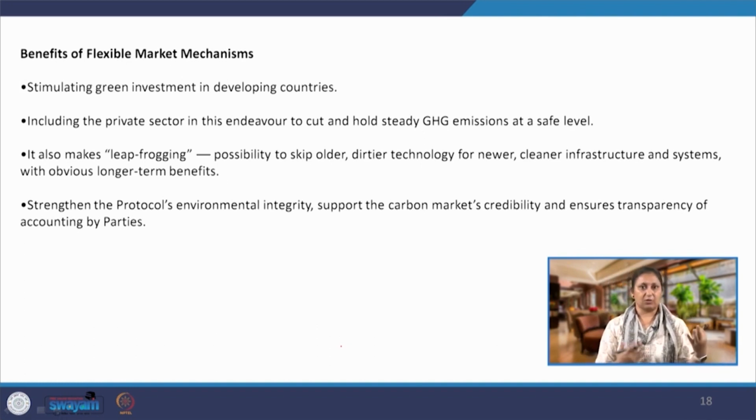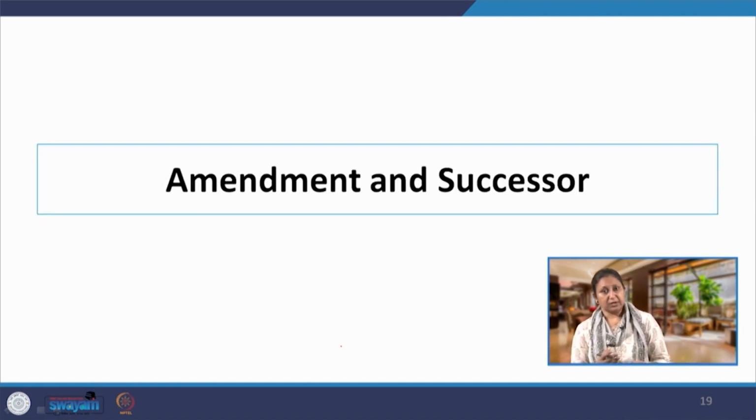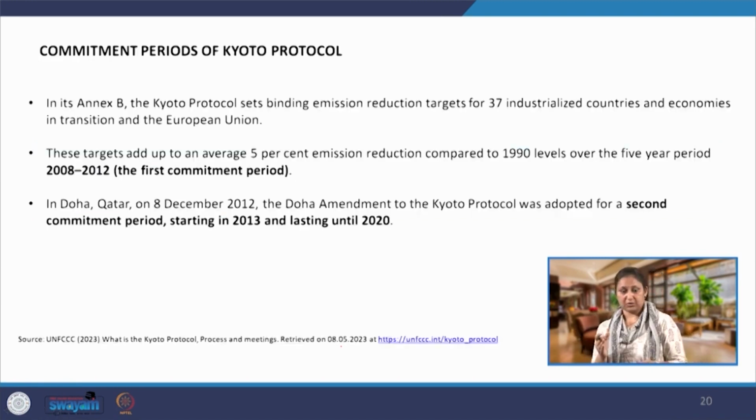So, it is kind of win-win for everybody. And overall, it strengthens the protocol's environmental integrity, supports the carbon market's credibility, and ensures transparency of accounting by parties. Now, the Kyoto Protocol originally was supposed to be up till 2012.